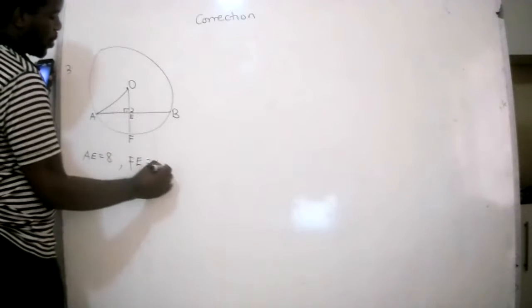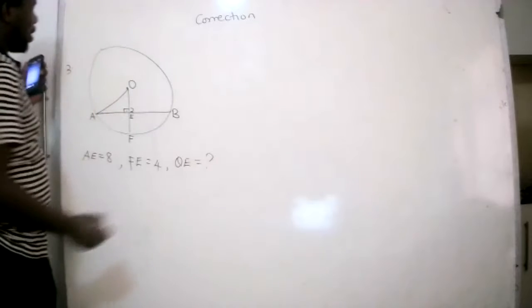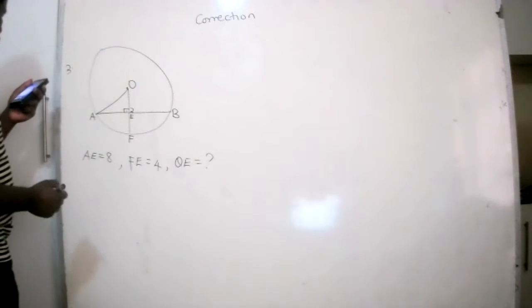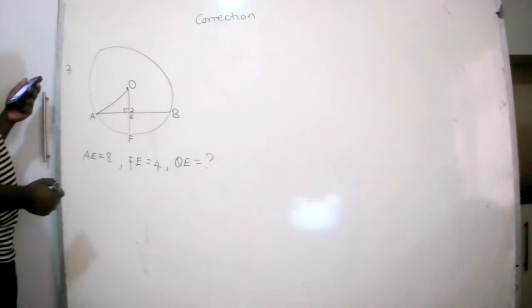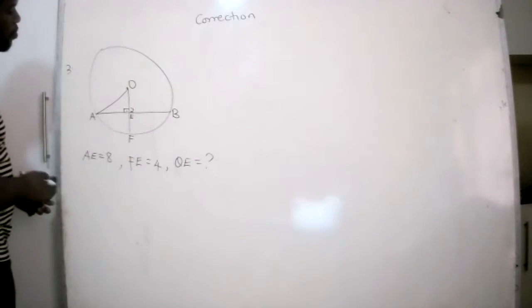This length here is the one we are calculating, the length OE. It's unknown. We want to calculate what will be the value of that. And we're given a hint that OF is equal to OA, which is equal to x units.